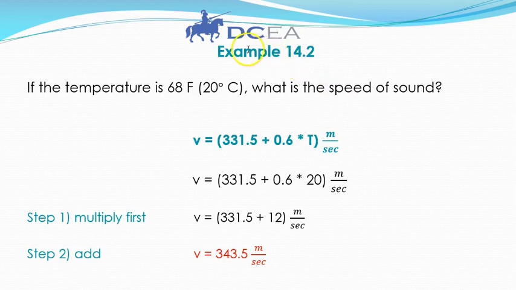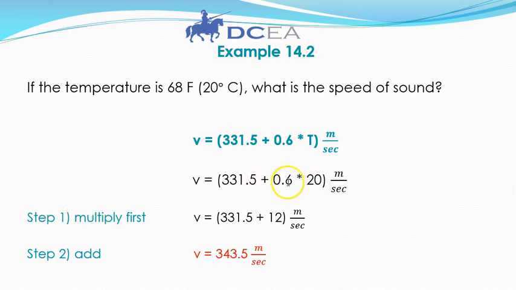So let's work through example 14.2. If the temperature is 68 degrees Fahrenheit, which is 20 degrees Celsius, what is the speed of sound? So we substitute 20 in our equation. And the first thing we have to do, remembering your PEMDAS, is multiply first.